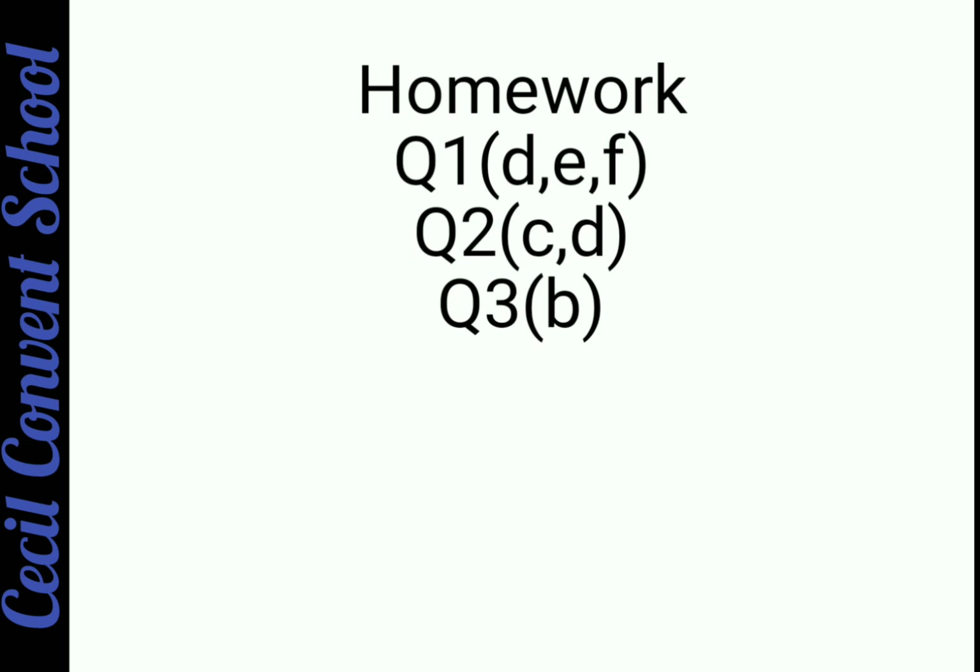Clear? Then you learned the formulas. For calculating distance, you have to multiply speed into time. For speed, you have to do distance divided by time. And for time, you have to divide distance by speed. Clear? And on the basis of that, we have done question number 1, 2 and 3.